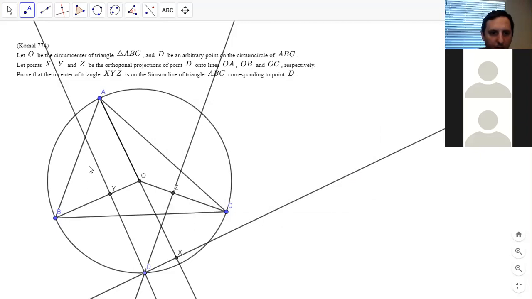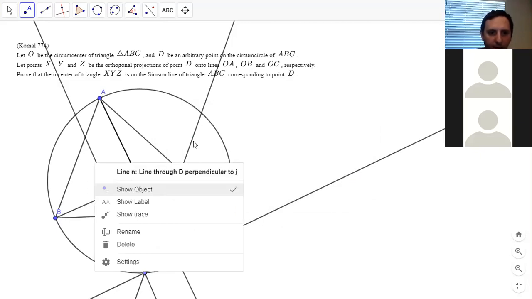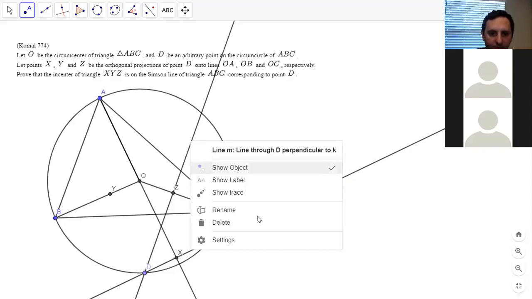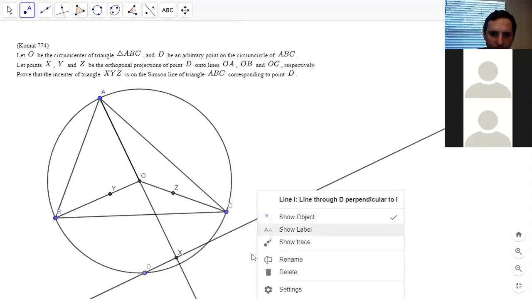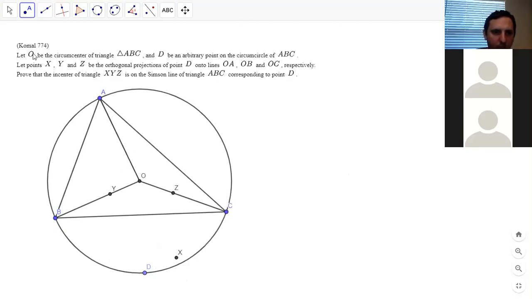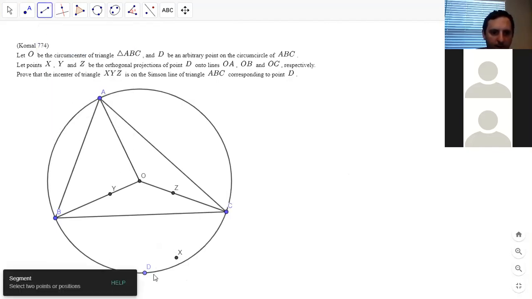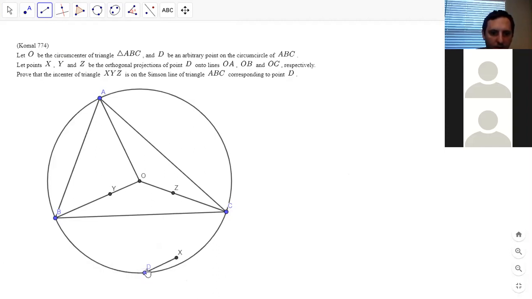And then we draw the perpendiculars from D to AB, AC, and BC. Okay, so we want to draw the incenter of XYZ. And let me draw the Simson line.